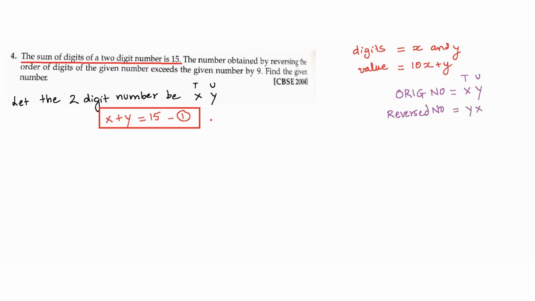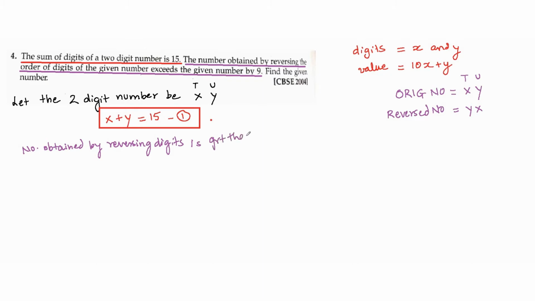It's given that the number obtained by reversing the digits is greater than the given number by 9.